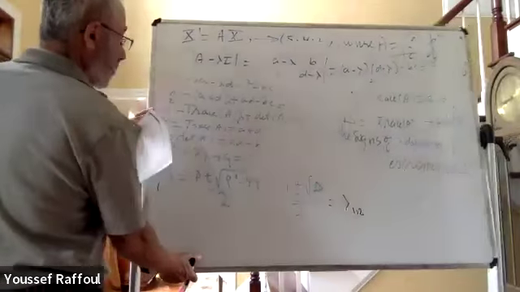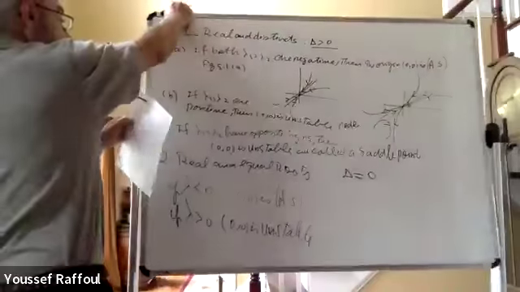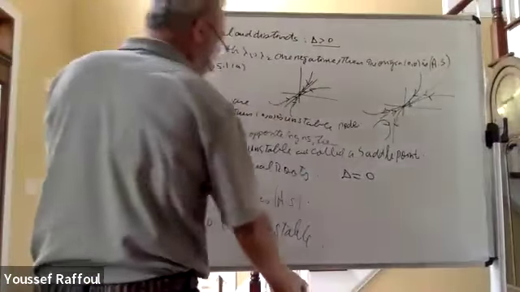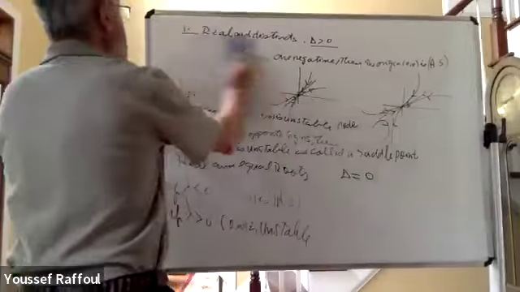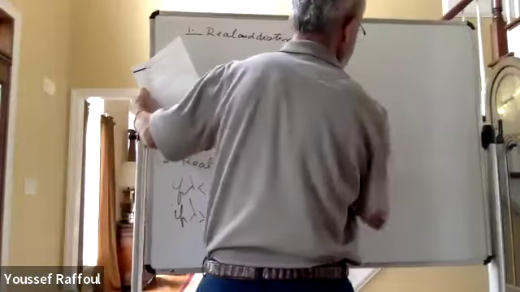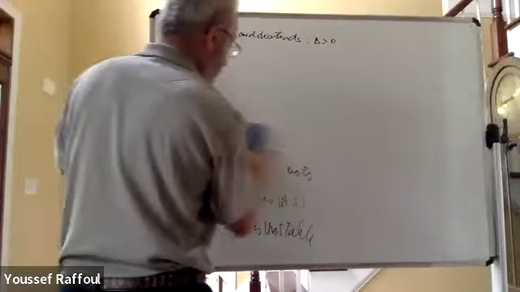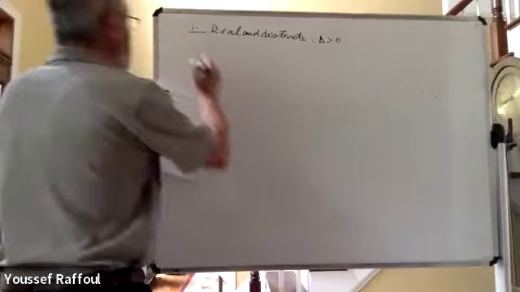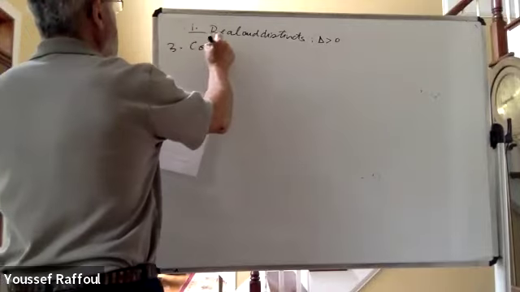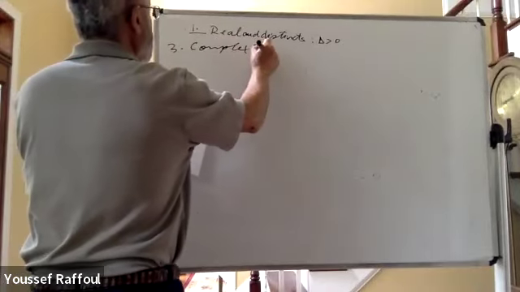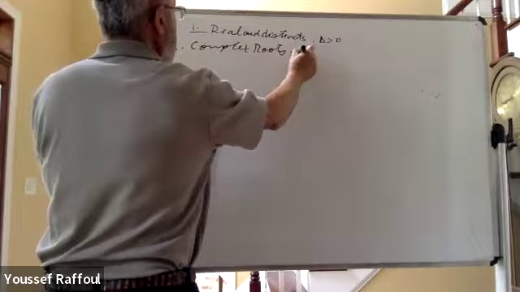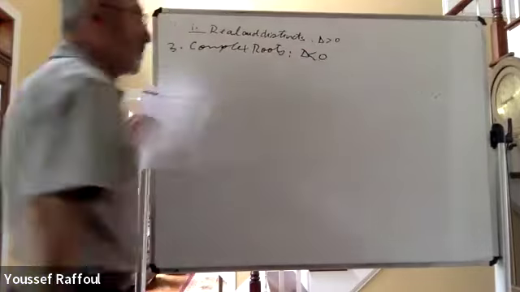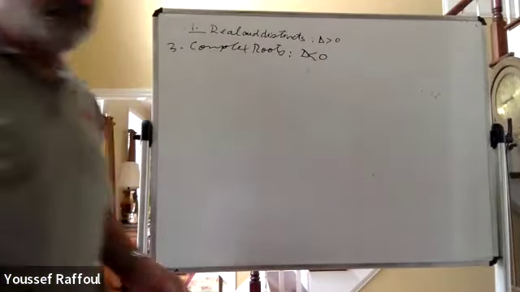If a plus d is positive, you get unstable. All right. So we still have complex roots. And this is delta less than 0, right?